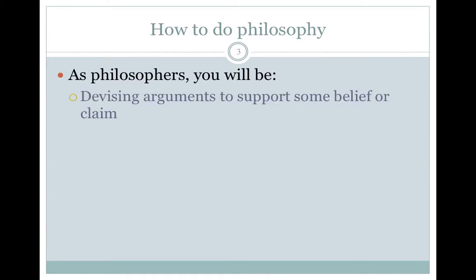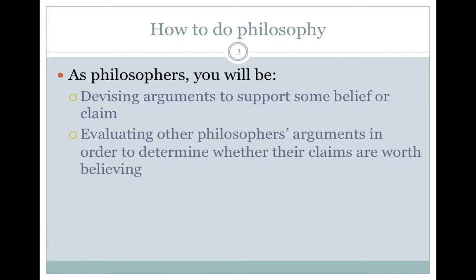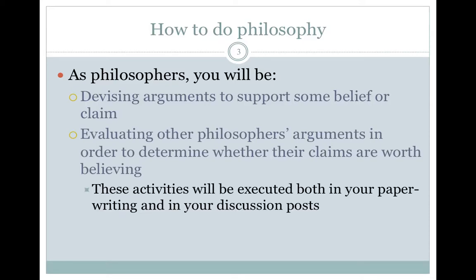As philosophers, you're going to be devising arguments to support some belief or claim that you have, and evaluating other philosophers' arguments in order to determine whether their claims are worth believing. You're going to be doing both of these things, not only in your paper writing, but also in your discussion posts, I hope.